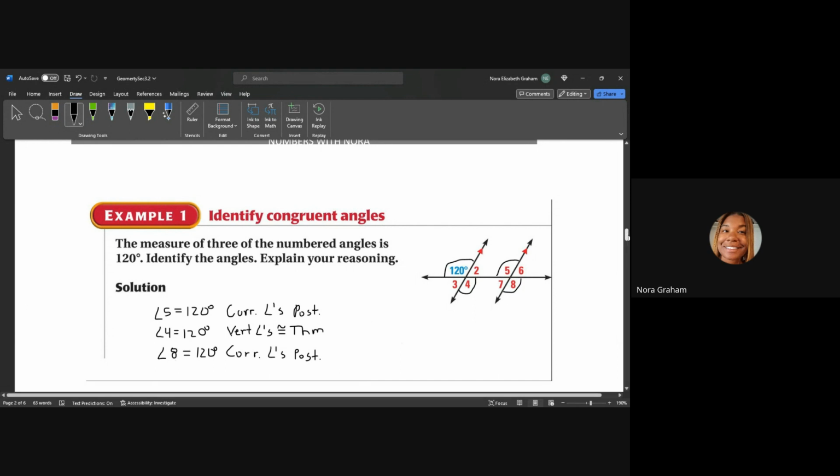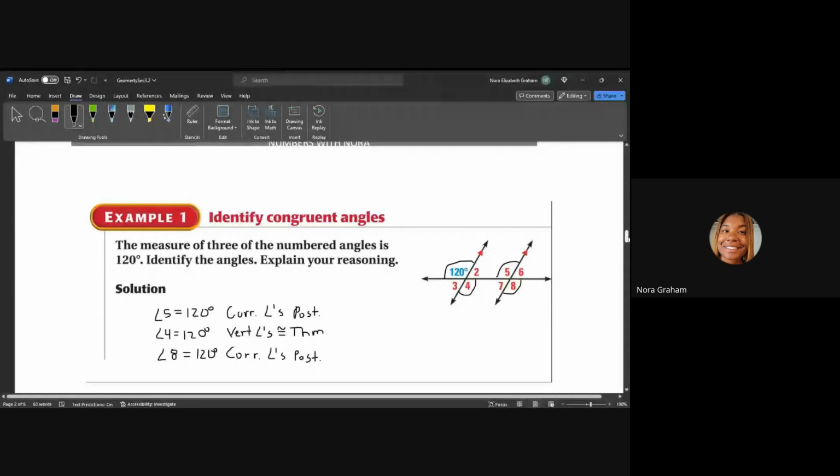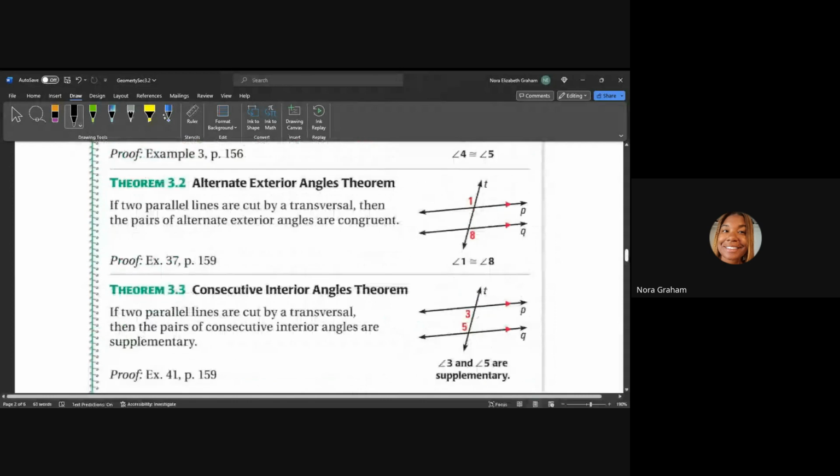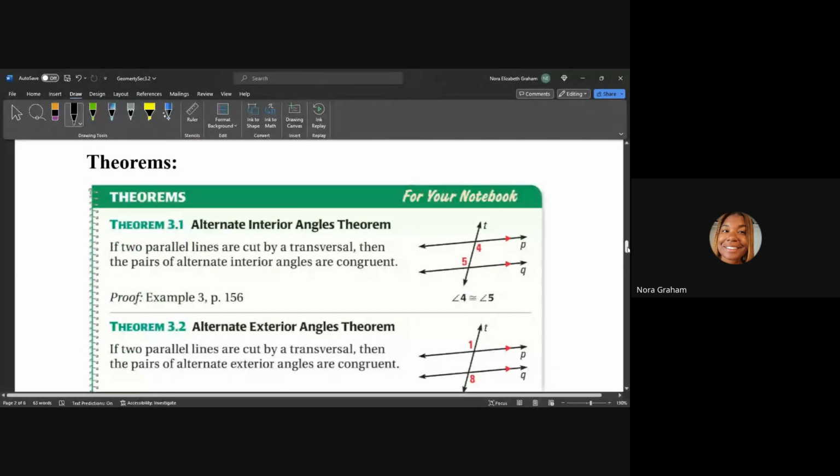All right, so let's continue. Now we're going to start looking at theorems as well, and the 3 theorems that we're going to be looking at in this chapter are as follows. And remember, theorems in mathematics are just statements that have been proven.